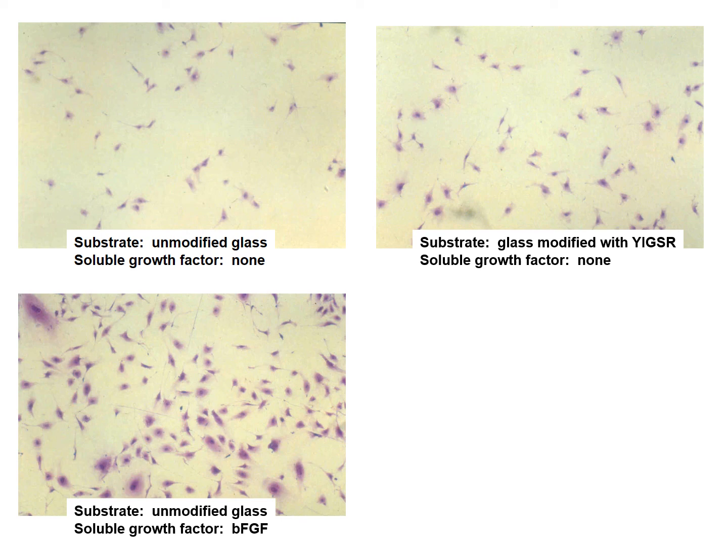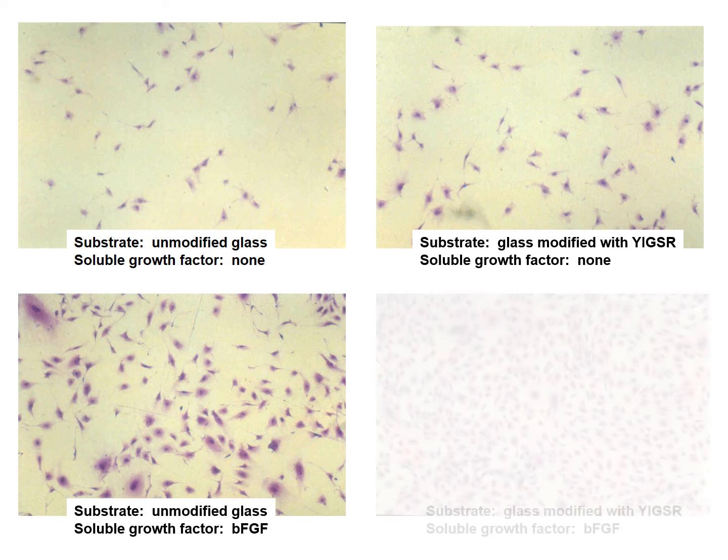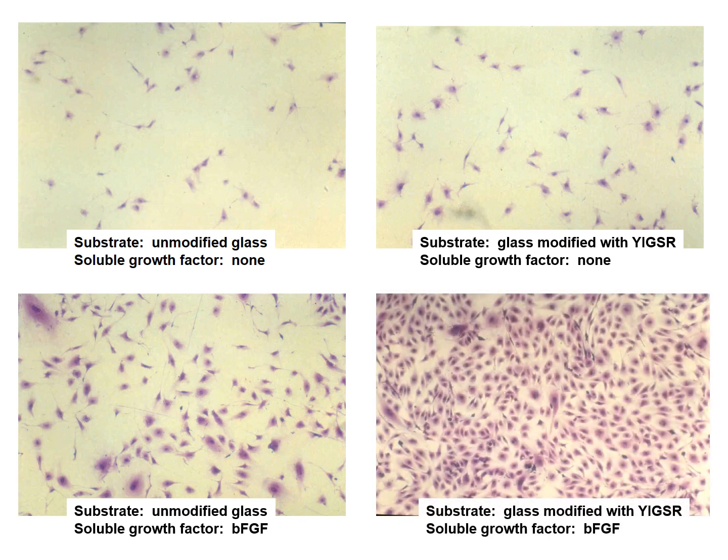The surface of the substrate is unmodified. Let us combine now the two things which we know promote the adhesive interaction of cells and proliferation. This is the result obtained when the substrate glass was modified with the adhesive peptide from laminin in the presence of basic fibroblast growth factor.